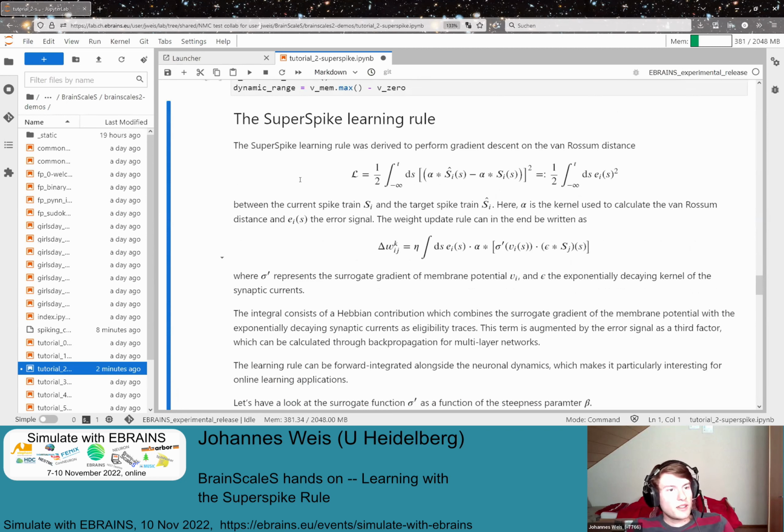Okay, the super spike learning rule. As I said in the beginning, we try to minimize the Van Rossum distance between two spike trains. This is designed as the difference in convolutions of your given spike train Si, convoluted with a kernel alpha, which could be an exponential.